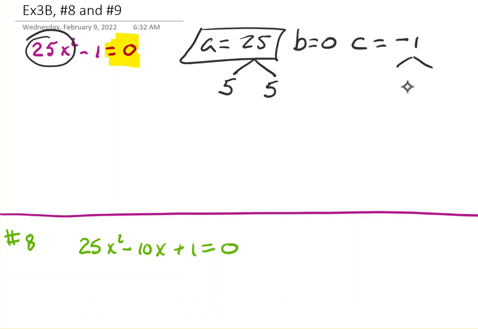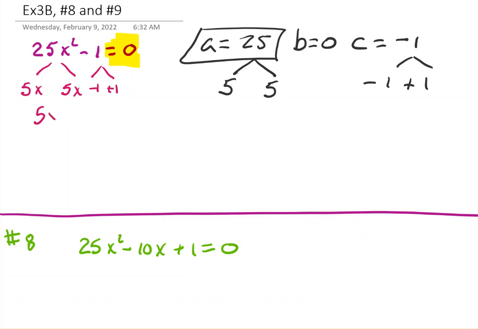Then we come over here and we realize, hey, this is easy. This is 1 and 1, but it's negative, so one's negative, one's positive. So this needs to be factored out to 5x and 5x, because of course the x squared. 1 could be factored out to 1 negative and 1 positive.